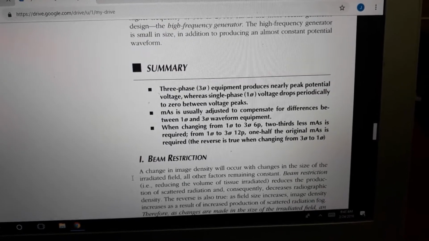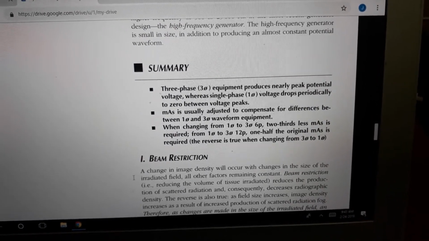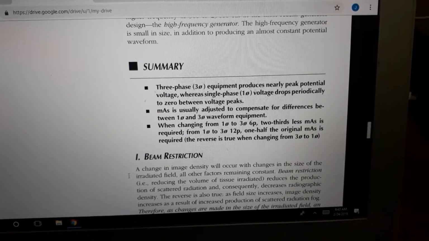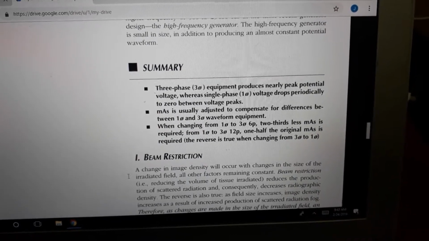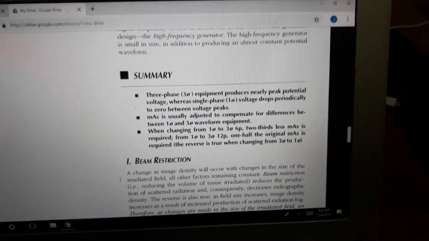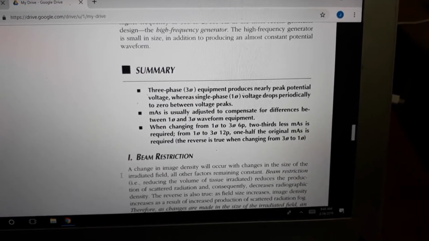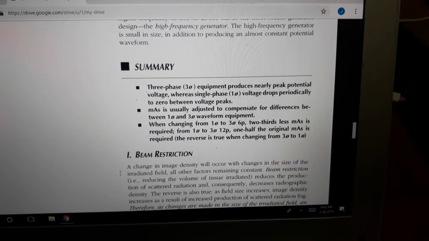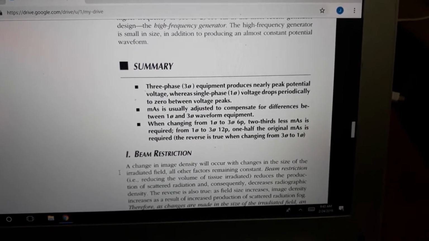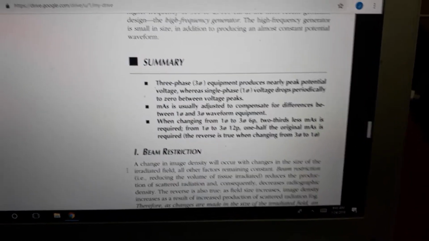When changing from single phase to three phase, 6 pulse, 2/3 less mAs will be required. When changing from single phase to three phase, 12 pulse, 1/2 of the original mAs is required. The reverse is true when changing from three phase to single phase.